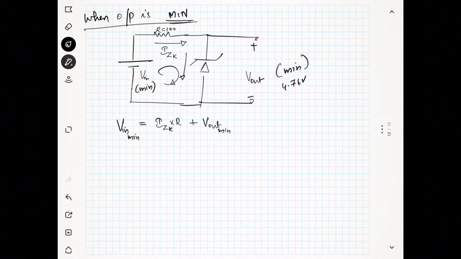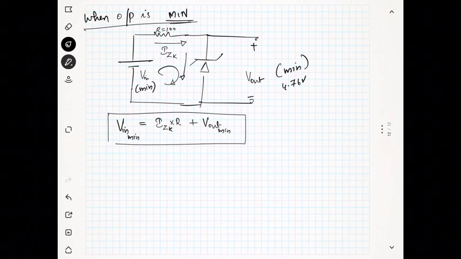So this is IZK, which is 1 milliampere, into 100 ohm, plus 4.76 volt.